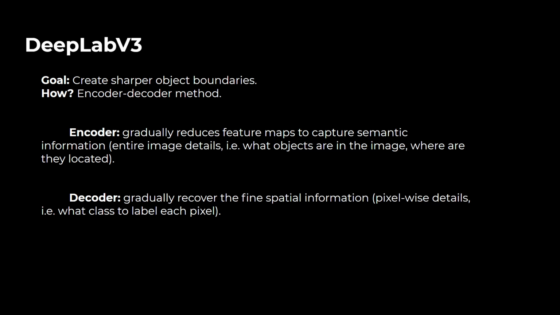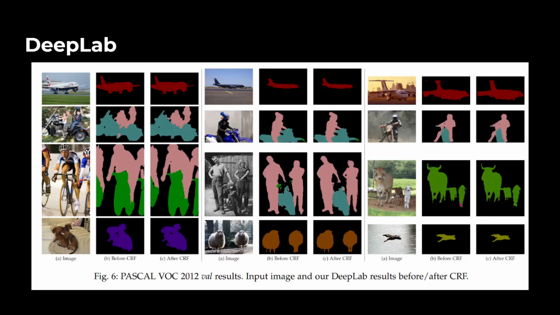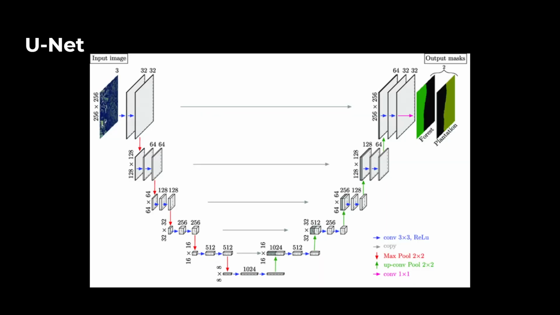What I mean by that is actually what class to label each pixel, right? And so it's pretty much exactly what we saw in the UNet: get some semantic features at the bottom while also using those semantic features to help direct detailed segmentation of the pixels later on.